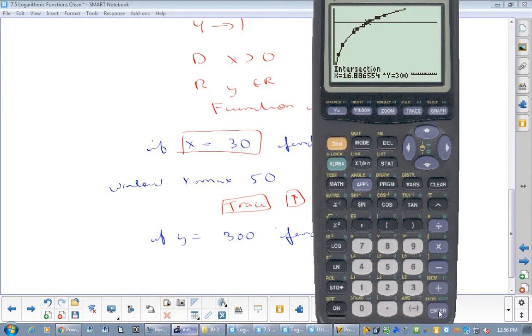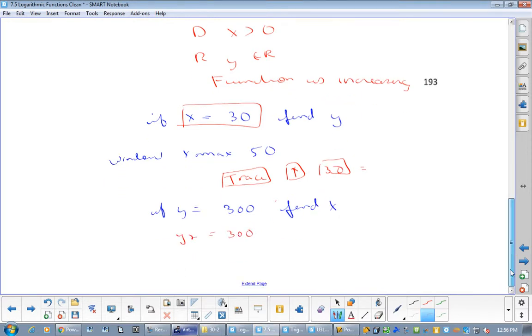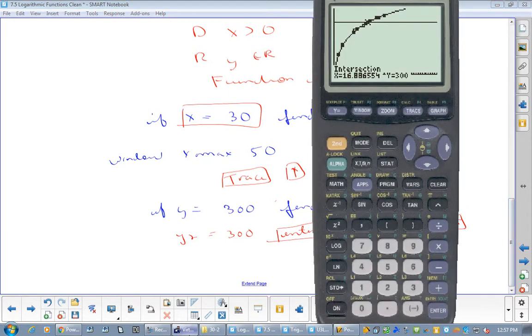So 16.9. So we have to go y2 equals 300. And then we go intersect. Enter, enter, enter. And we get 16.9.